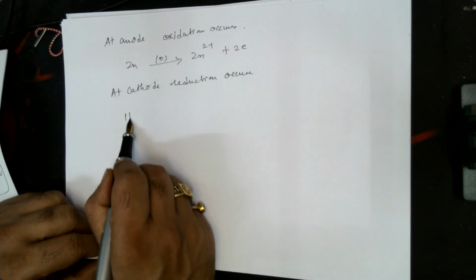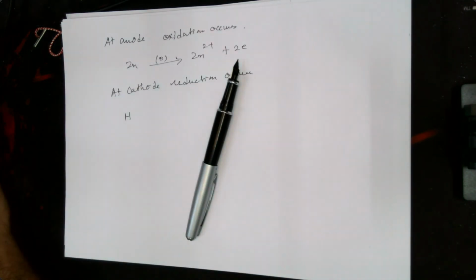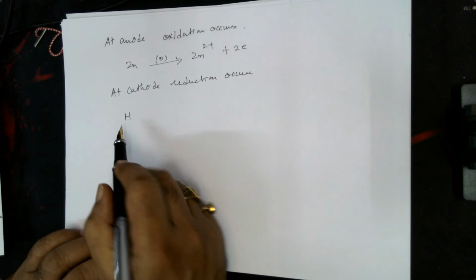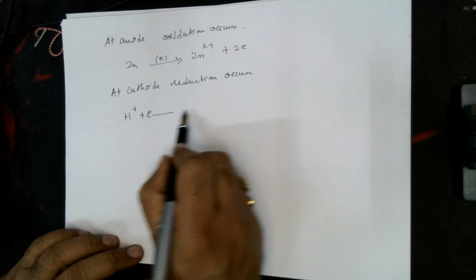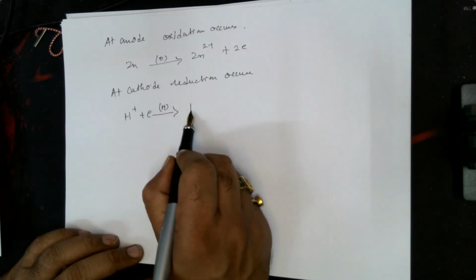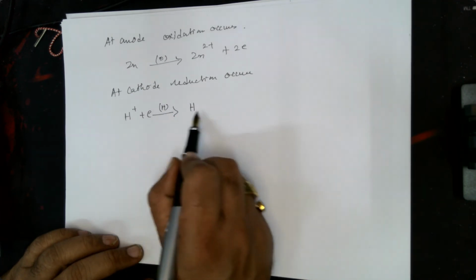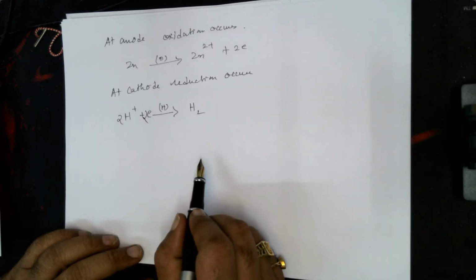So here we have taken hydrogen. So H plus, by adding an electron, undergoes reduction, becoming H, but it is a diatomic molecule, so you can put 2H plus 2e gives H2.